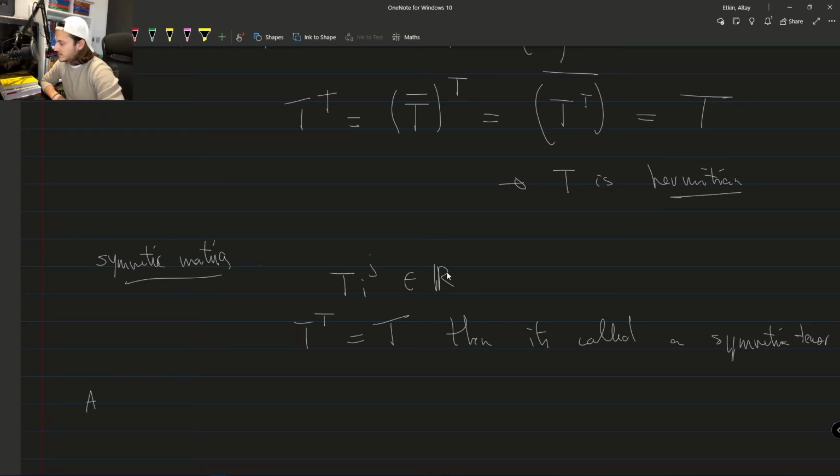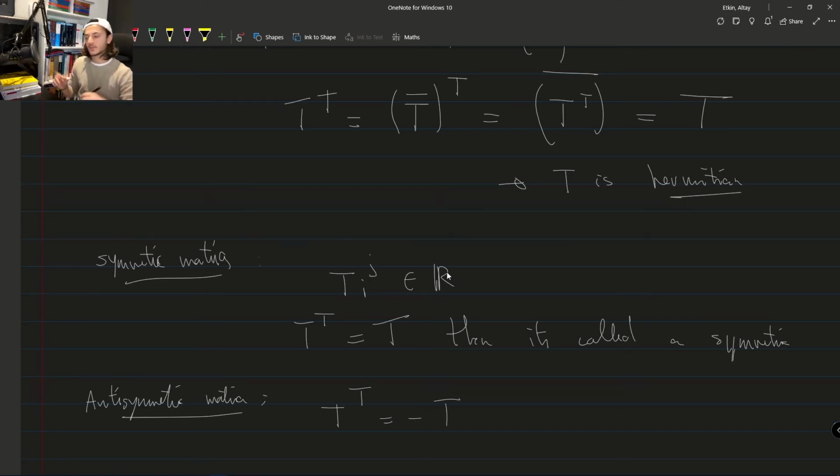You have the antisymmetric tensor, antisymmetric matrices, sorry, not tensors, I'm way ahead, matrices, and they are the fact that T transpose equals minus T.